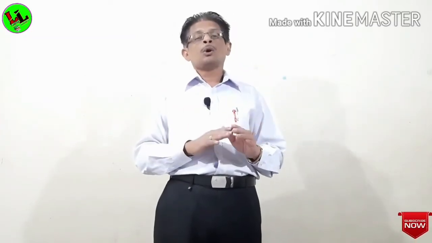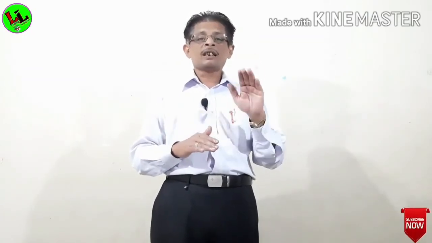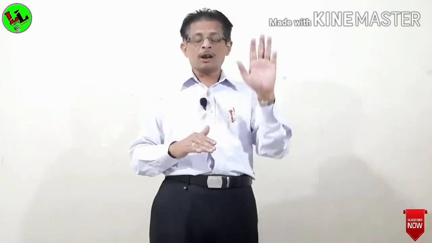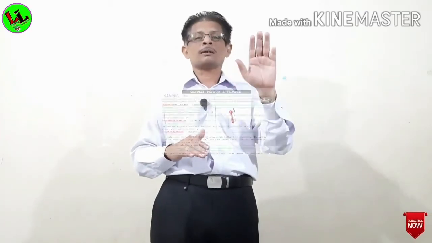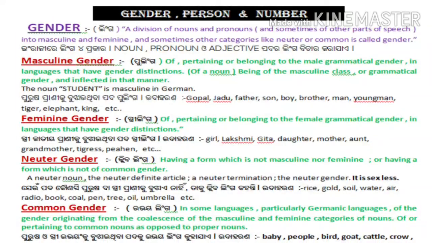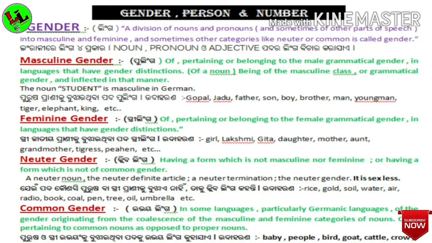And now we will proceed to the 4th type of gender, that is called common gender. In some languages, particularly Germanic languages, of the gender originating from the quotients of the masculine and feminine categories of nouns, of or pertaining to common nouns as opposed to proper nouns.